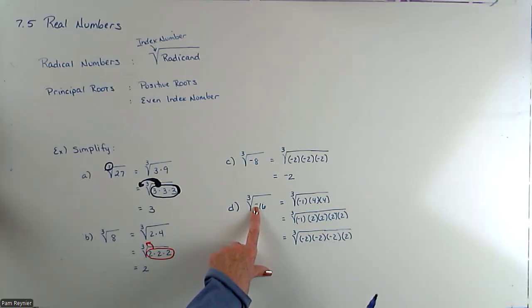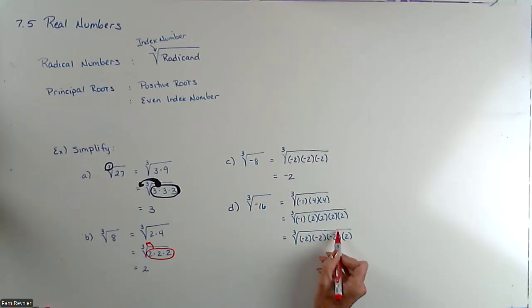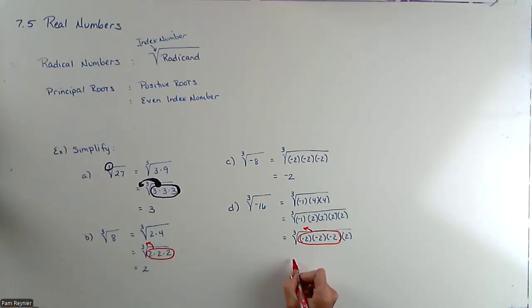So I have the same result on both sides. Now, however, I have an index number of 3, which means 3 identical factors need to come out. So I'm going to bring out the -2. And whatever's left over stays in the radicand. So the cubed root, and the only thing left is a +2.